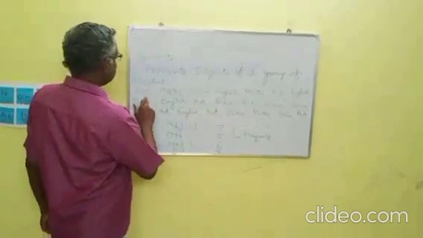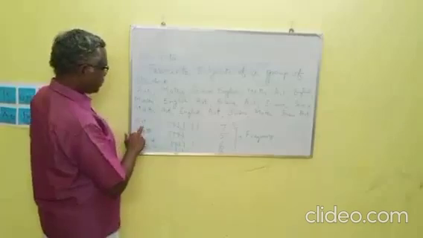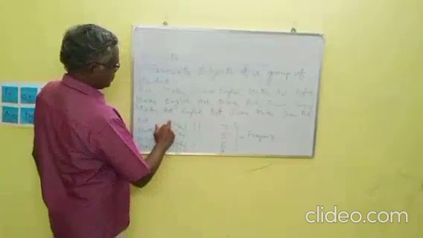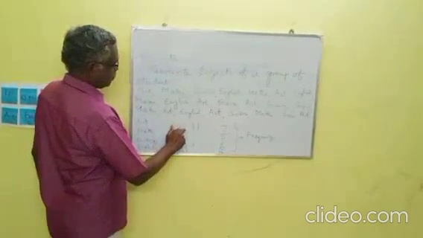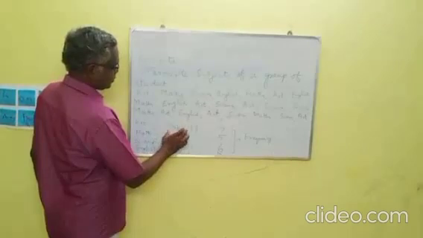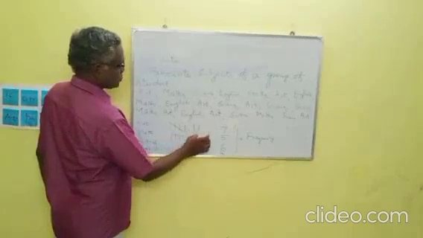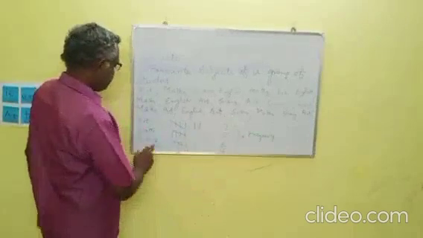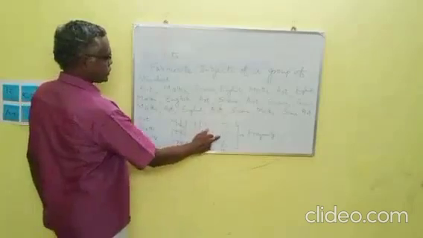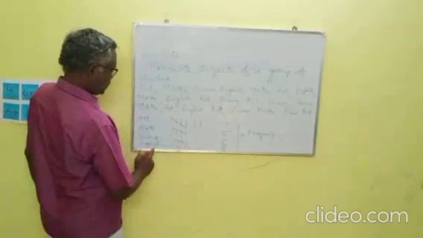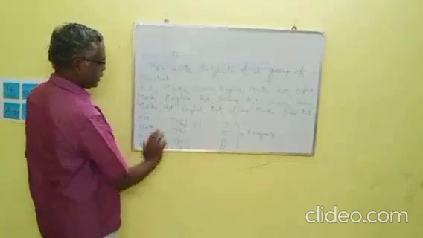So now the number of students liking art is 7. You can use tally marks: 1, 2, 3, 4 straight lines and a cross line. This is 5, and then again 1, 2. 5 plus 2, 7. Mathematics, 5. Science, 6 students. English, 4 students.